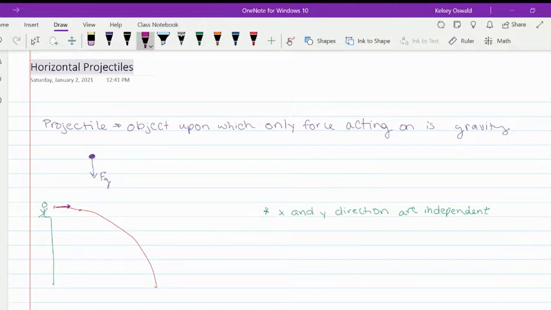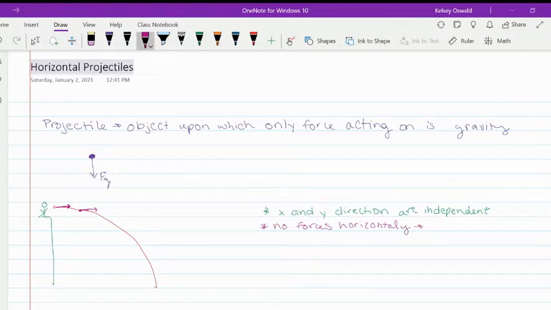Okay. So since we have no forces acting in the horizontal direction, we're not going to have any acceleration. Okay, so our velocity in the horizontal direction always remains the same because we have no horizontal forces acting on that ball, causing it to change speed. Okay, so that's going to be a big idea here. So we have no forces in the horizontal direction. So that means there's no force to change that ball's motion.